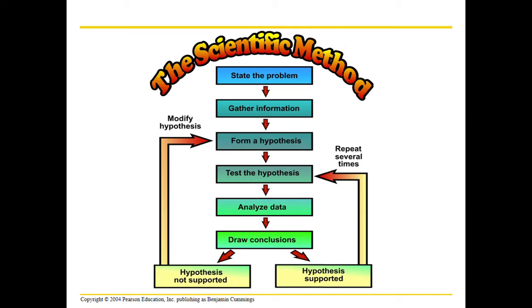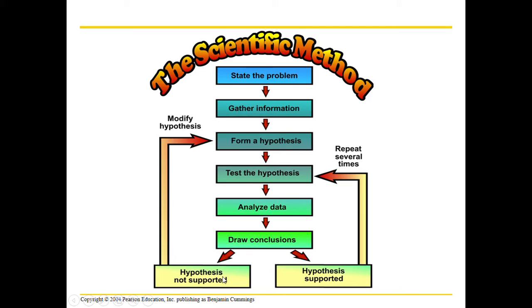But anyways, you form a hypothesis, you test that hypothesis, look at its data, and you draw some conclusions. The conclusions that you draw will either have supported that hypothesis or not supported it. If the hypothesis was supported, then you repeat this test, this experiment, several times.